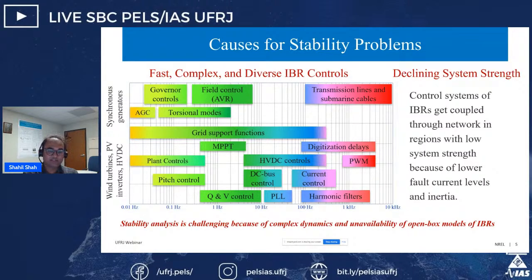But with all the inverters, wind turbines, HVDC, their controls are complex, they are fast, they are all over the place in terms of frequency range. They are not standardized, and not disclosed by vendors to protect their intellectual property. So they basically add a lot of richness to the power system dynamics. And that is the reason we see more and more of these control interactions all over the world, where power systems are trying to increase the amount of renewables in their generation portfolio.